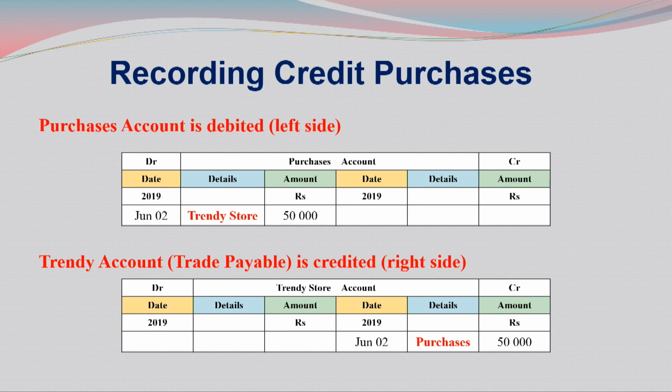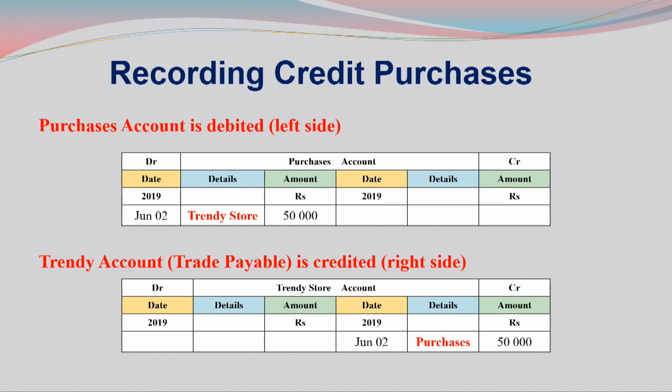The next step will be to post the credit transaction in the ledger as it has been the case for cash transaction and bank transaction. Therefore, in the purchases account, on the debit side, we record the date 2nd June in the date column, Trendy Store in the details column, and in the amount column we write 50,000 rupees.